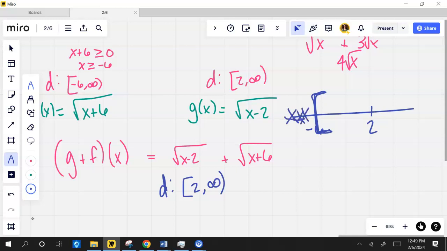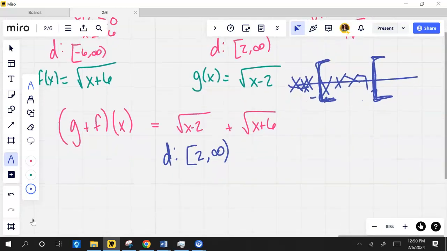The second one says I have to be bigger than 2, so I have to leave out all of this. So it's got to be from 2 to 7.